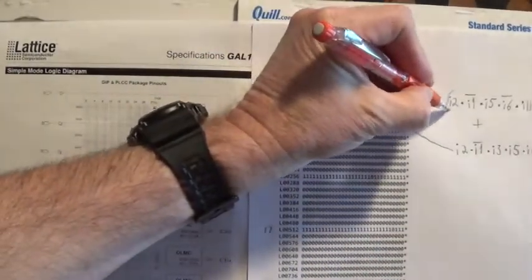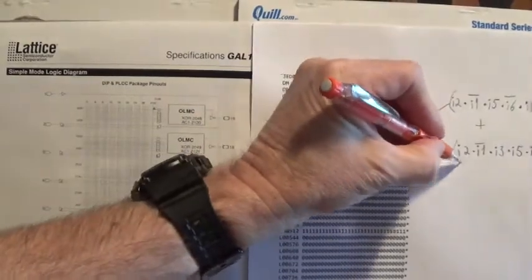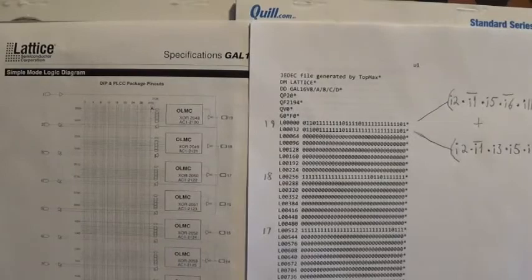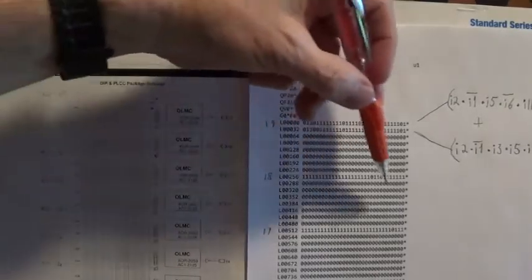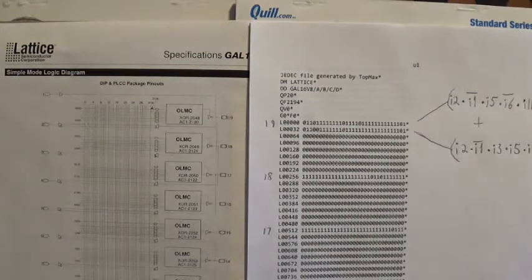So this is our first set of ANDs ORed with our second set of ANDs. And you continue on down and do the rest of the pins, and you will have completely hand disassembled the JEDEC file.